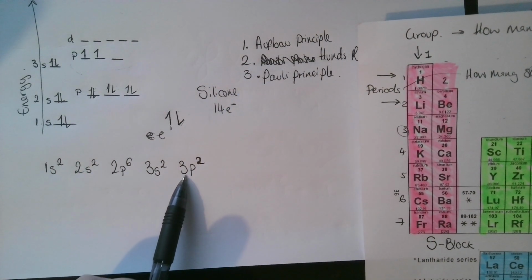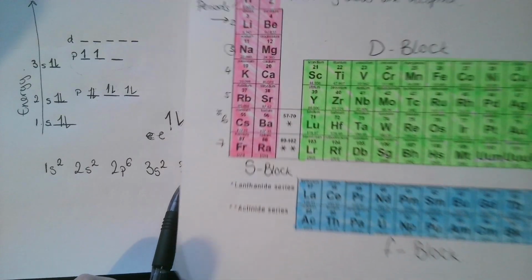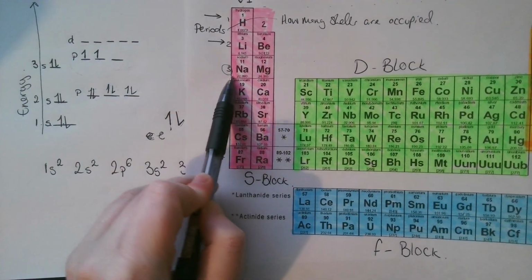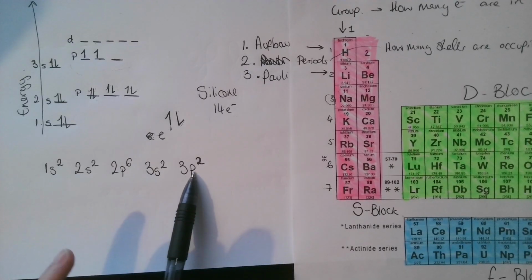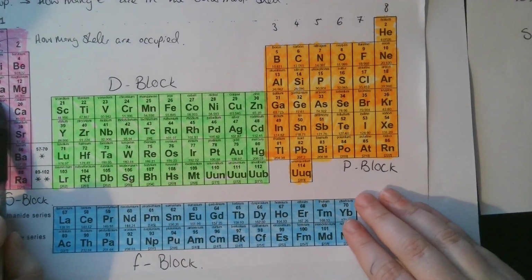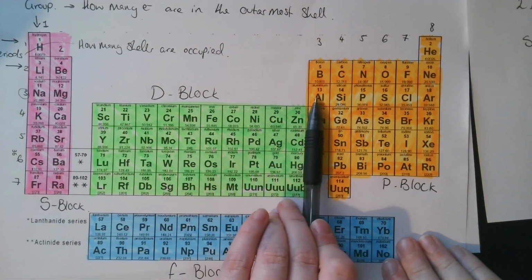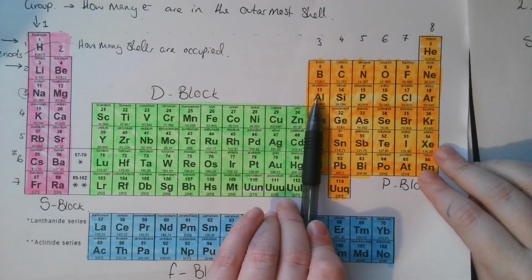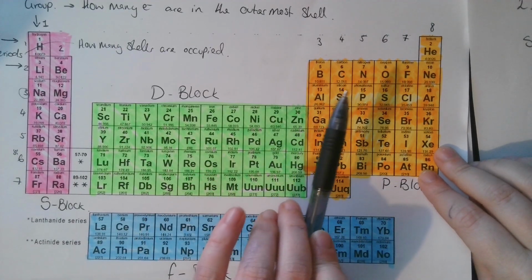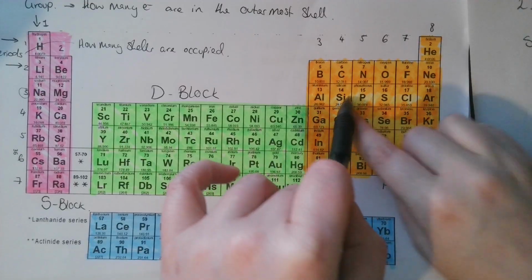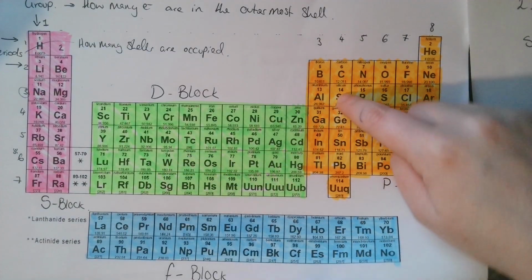It's occupying the third energy level, 3. We need to look at block P. So 3, block P, and it has 2 electrons. 1, 2. Silicon.